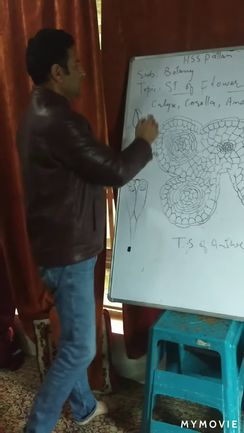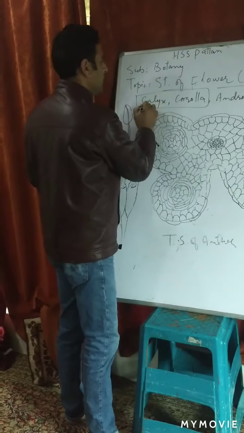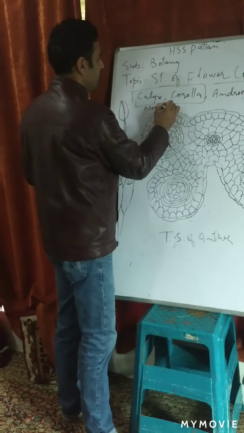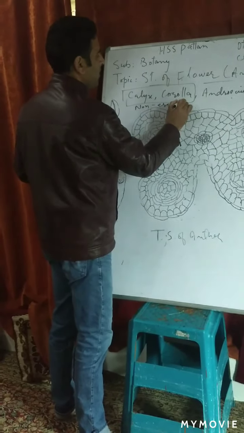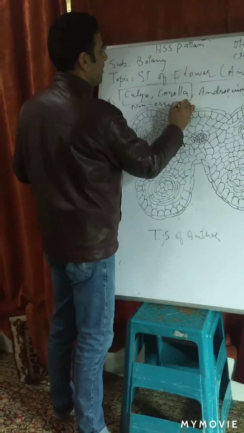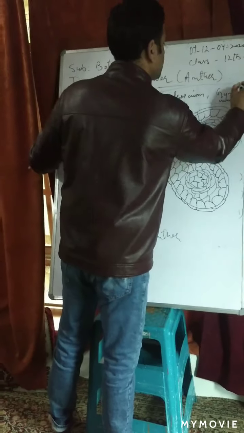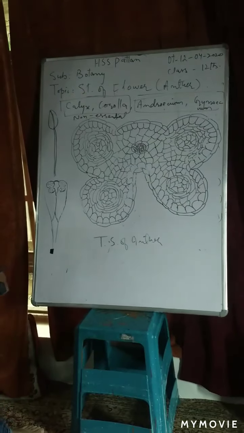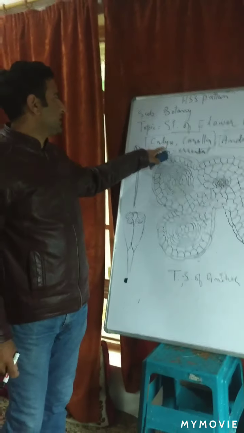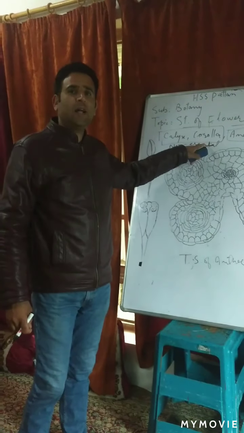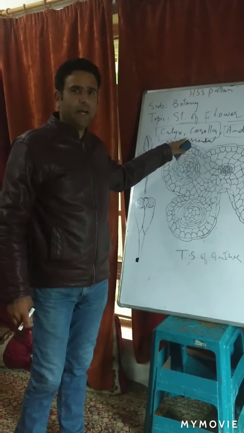Calyx and corolla, these two whorls are non-essential or accessory. Though they may help in sexual reproduction, it is only indirectly.